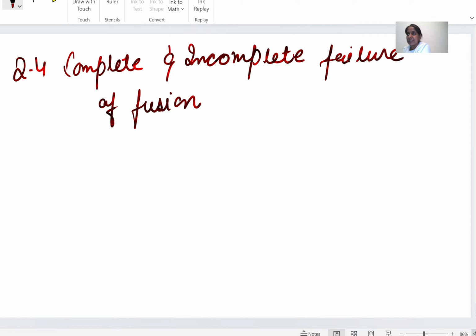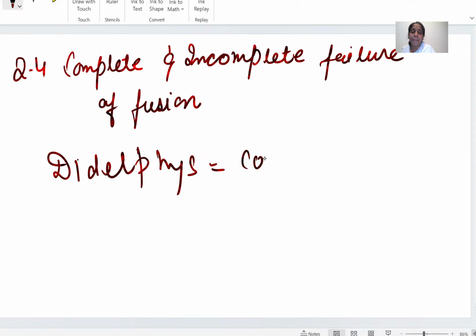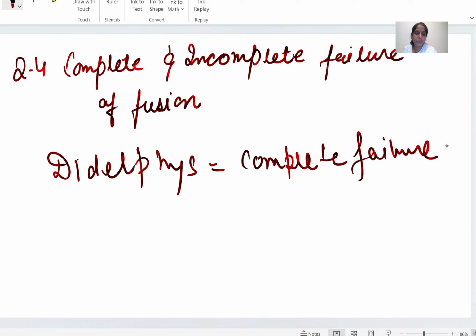Didelphus is with the complete failure of fusion: two ovarian tubes, two fallopian tubes, two uterus, two cervix, two vaginas. Complete failure.